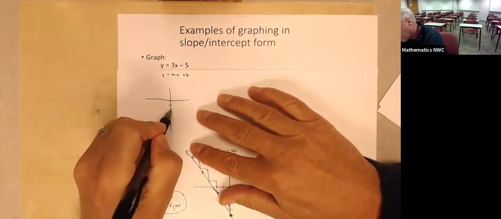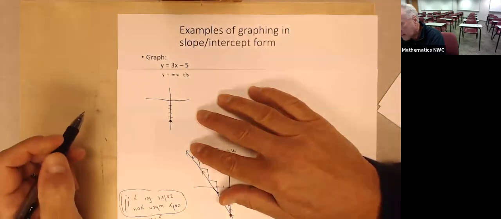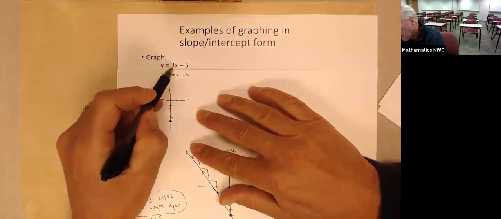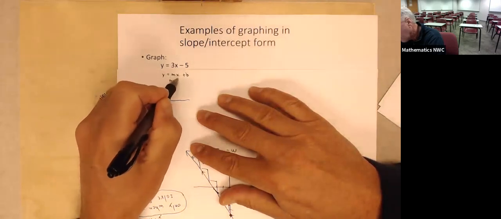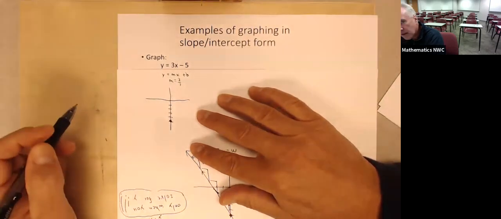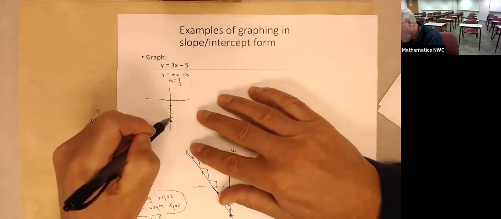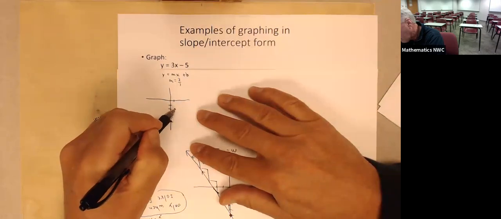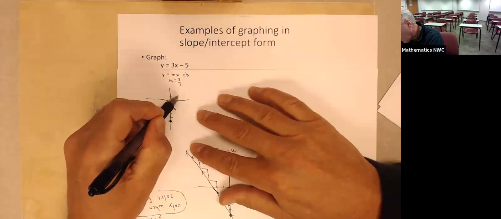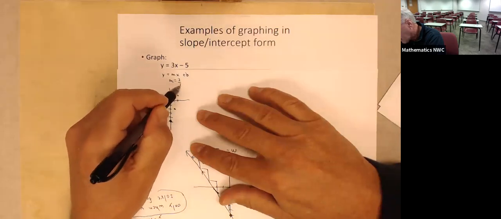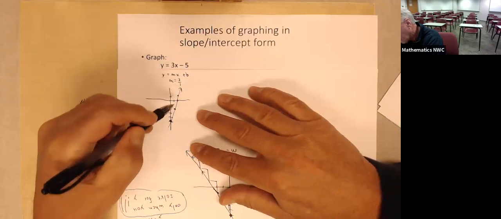That y-intercept is at a -5, which means 5 units down. My slope was 3, which really implies 3 over 1, which means I'm going to go up 1, 2, 3 over 1. I could continue to do that, and that would give me my line.